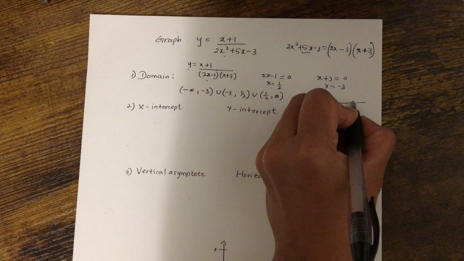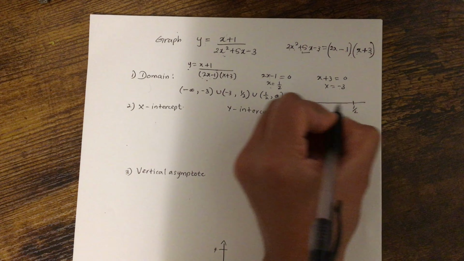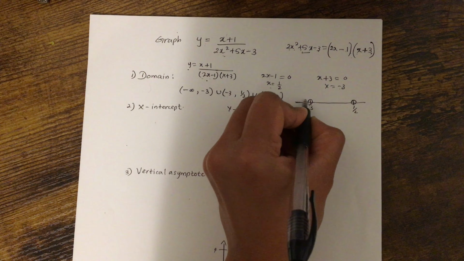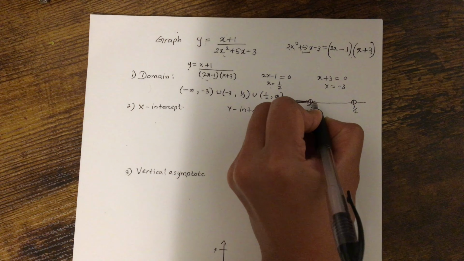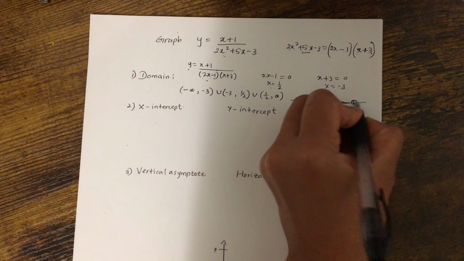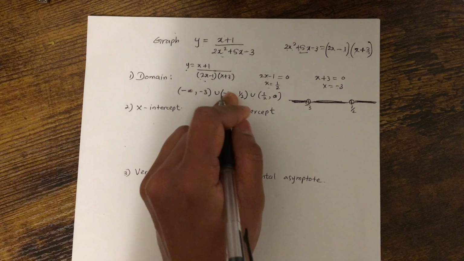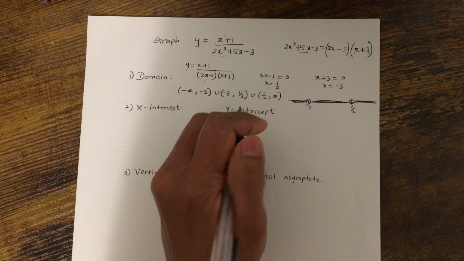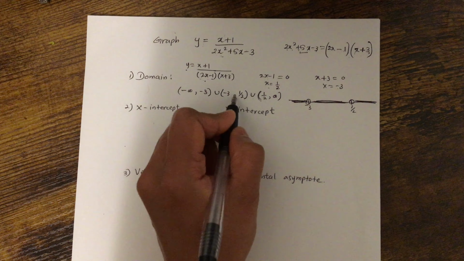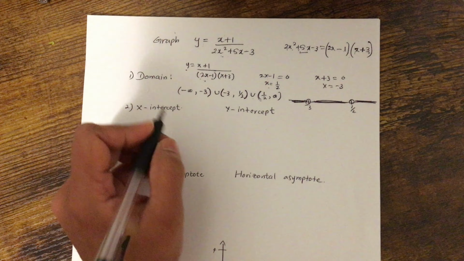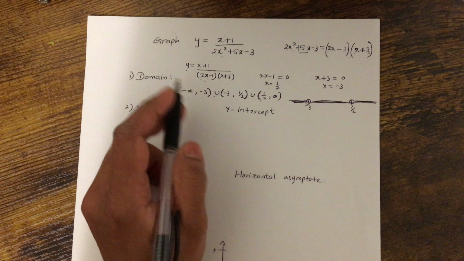You have half, right? And here you have negative 3, so you have to remove these two, and then you consider this portion, and this portion. That's why we take the union of these three sets. Make sure to have open parentheses for half and negative 3 like this. Okay, so that's the domain.